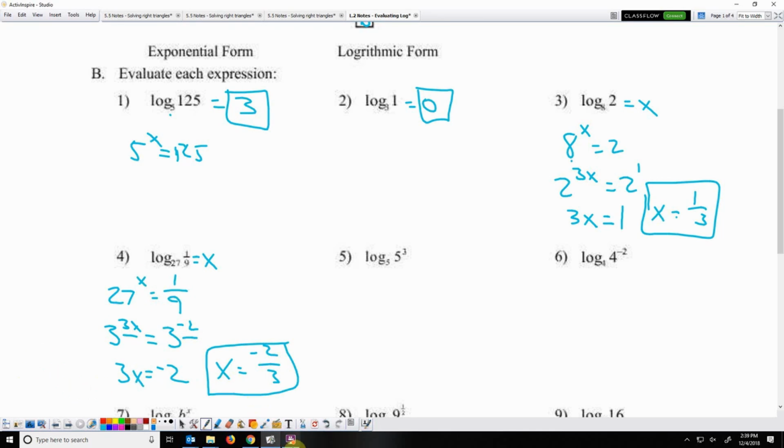Here the question being asked is what power raises 5 to make 5 to the third power? 5 to what power makes 5 to the third power?